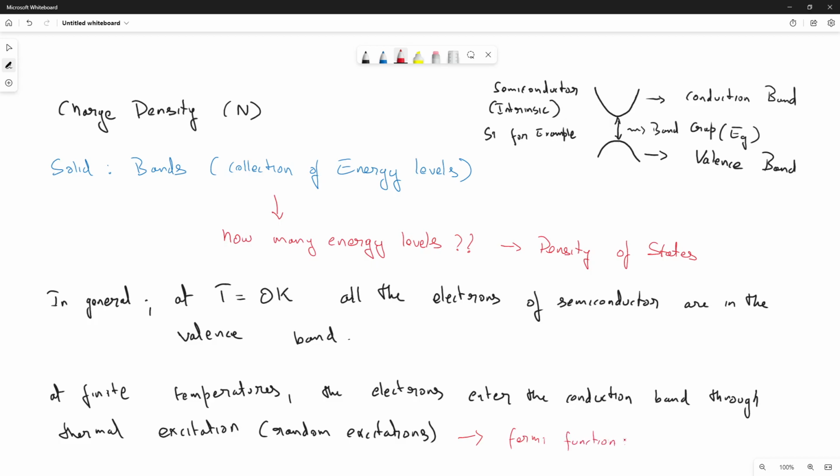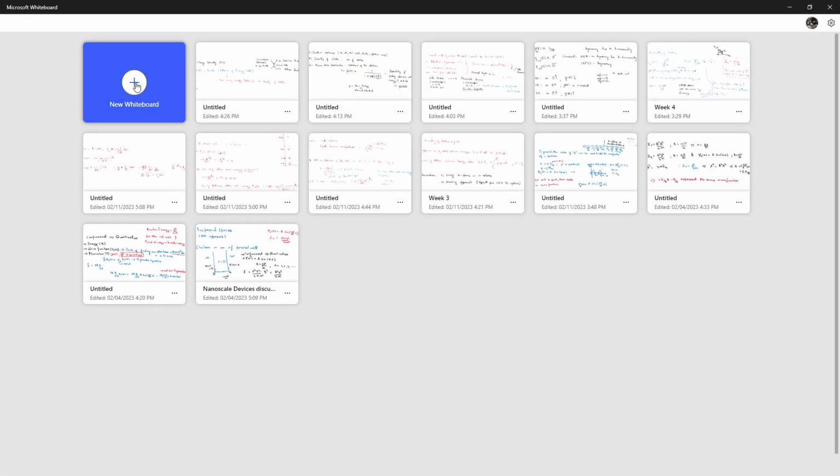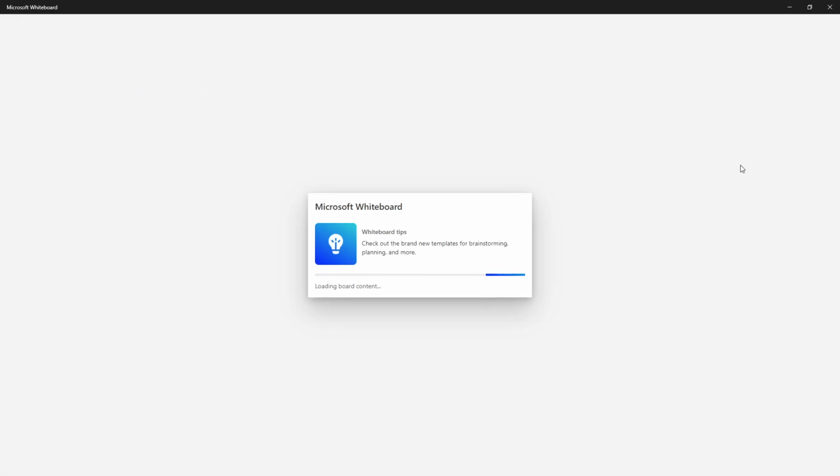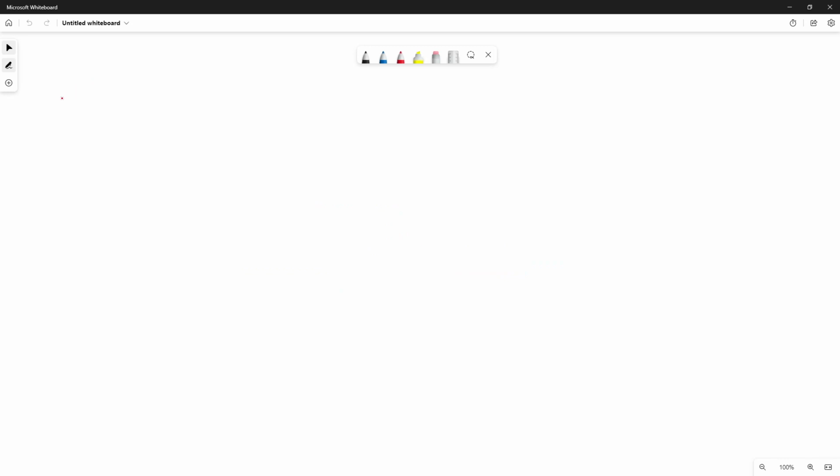As someone mentioned earlier in today's discussion, the carrier density is given by, in general, n is equal to the integral of g of E times f of E dE.